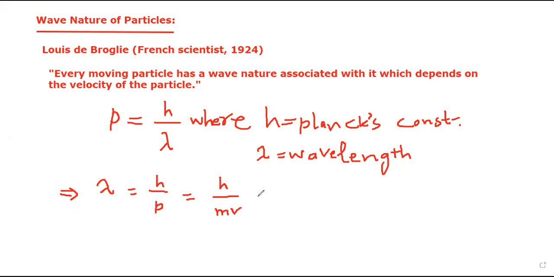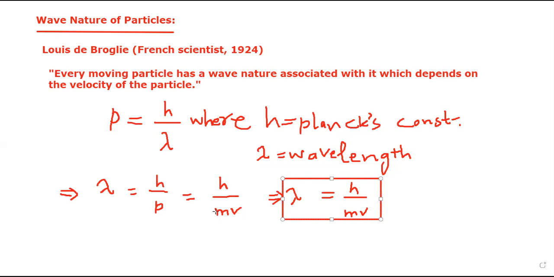So this lambda has become equal to h by mv. Lambda is equal to h by mv.